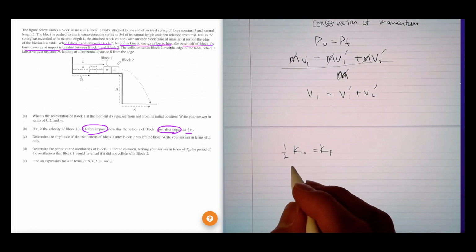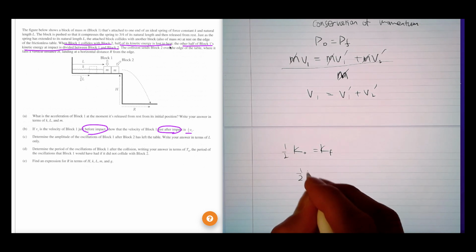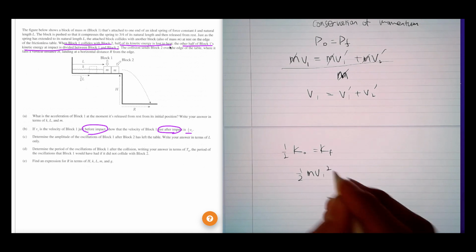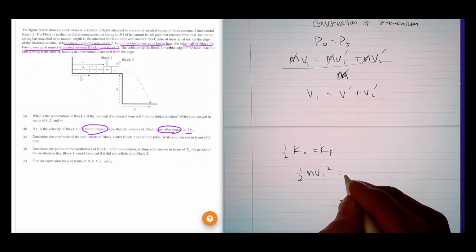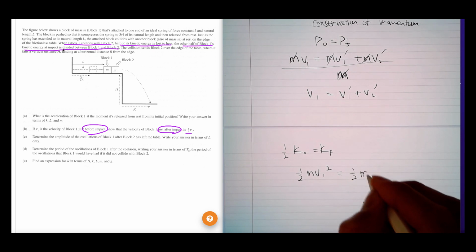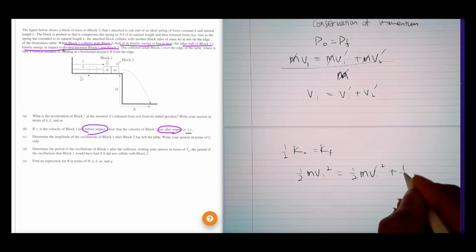So initially, block 1 before the collision had 1/2 m v1 squared, which is equal to, now the kinetic energy gets split into both block 1 and block 2, per my other underlined sentence. So that means we get 1/2 m v1 prime squared plus 1/2 m v2 prime squared.